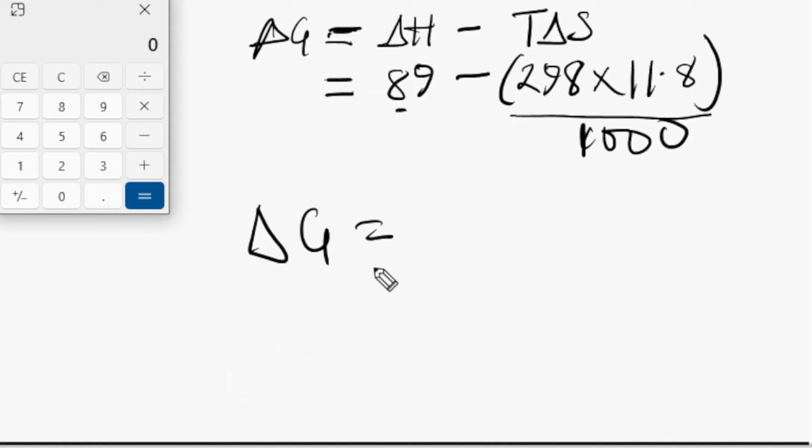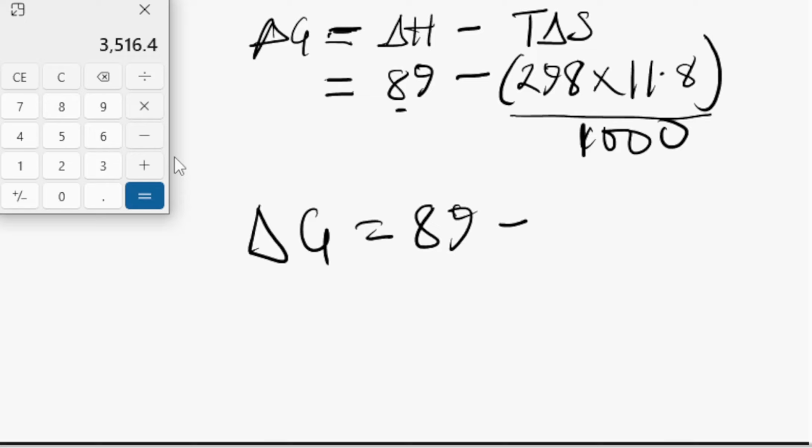So we're going to have 89 minus, so this is 298 times 11.8, so 298 times 11.8.